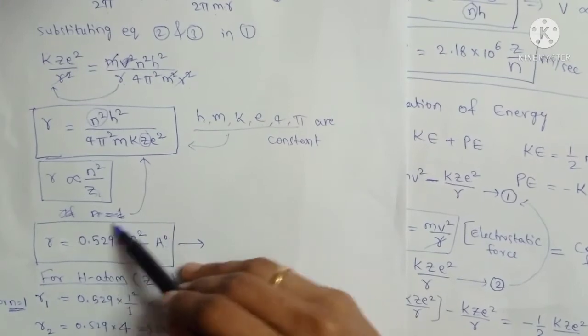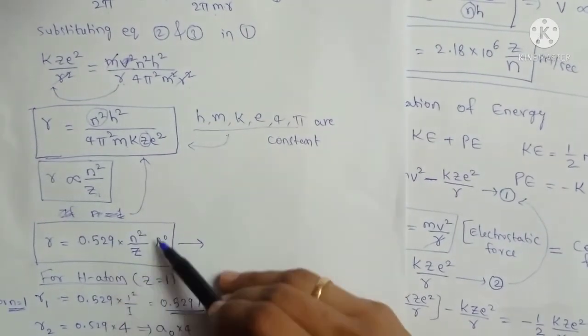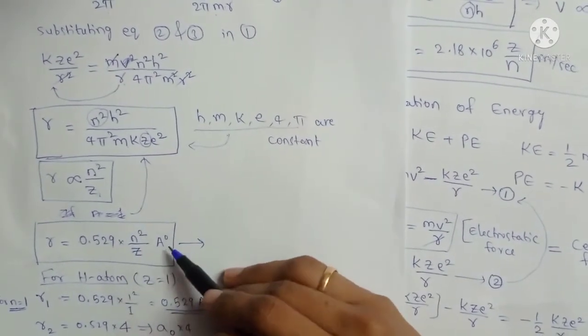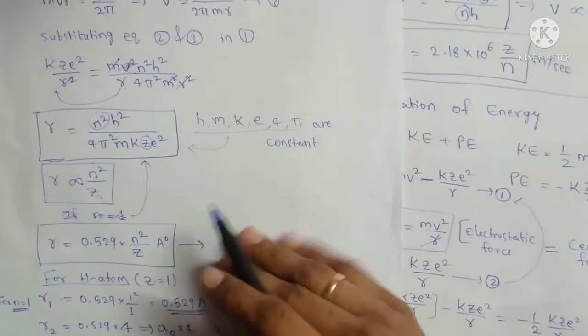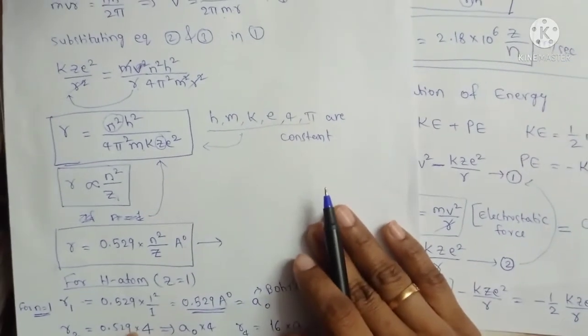This is the radius of the orbit in angstrom, and it is called Bohr's radius equation.